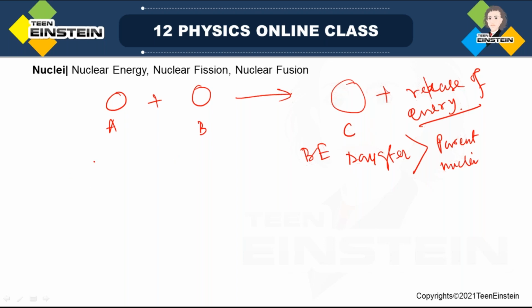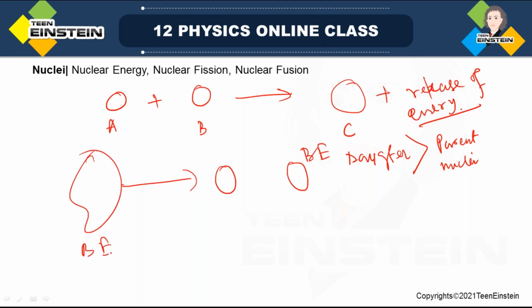If the reverse happens, suppose there is a bigger nucleus, but this is not a stable nucleus, when it breaks into two almost similar nuclei, and suppose here is the binding energy of the parent and here the binding energy of the daughter nuclei.